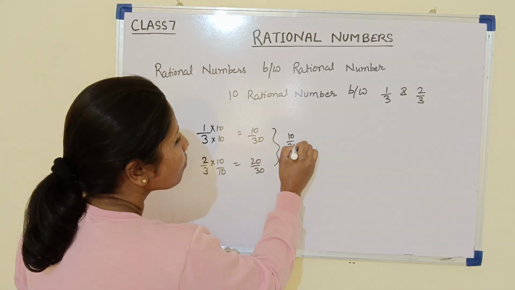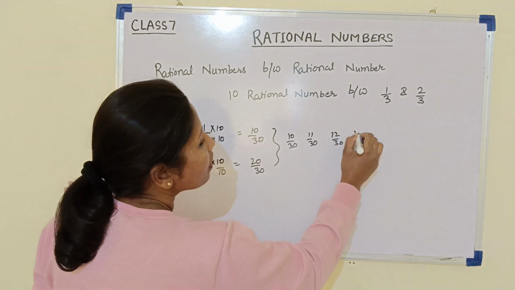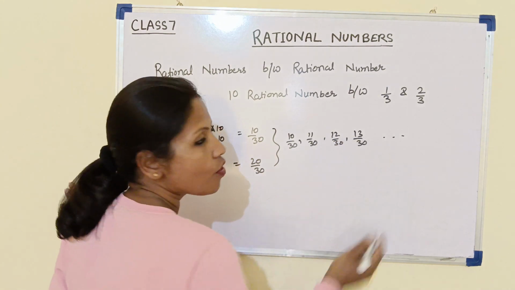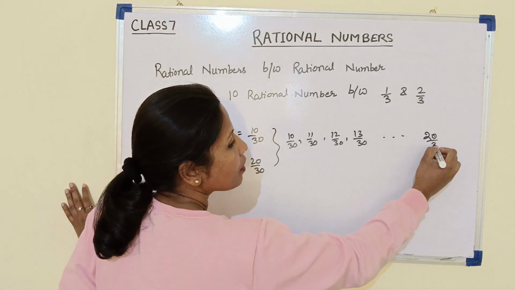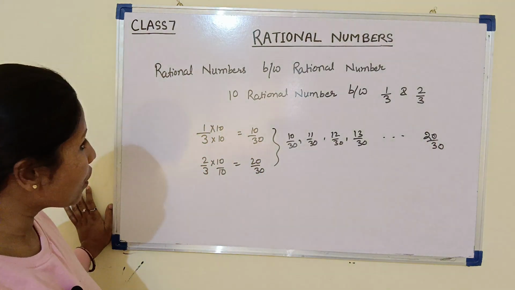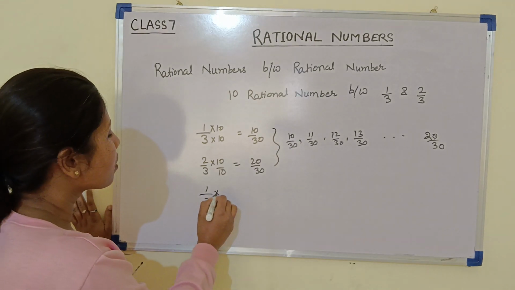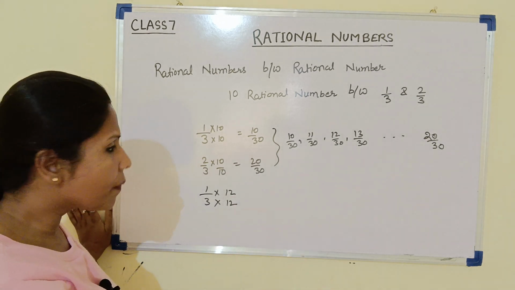So 10 by 30, 11 by 30, 12 by 30, 13 by 30. In this way you will find almost 8 rational numbers between these, up to 20 by 30. So we found 8 rational numbers, but we have to find 10. What can we do? We can multiply by 12 here, or you can multiply by 13, some bigger number.